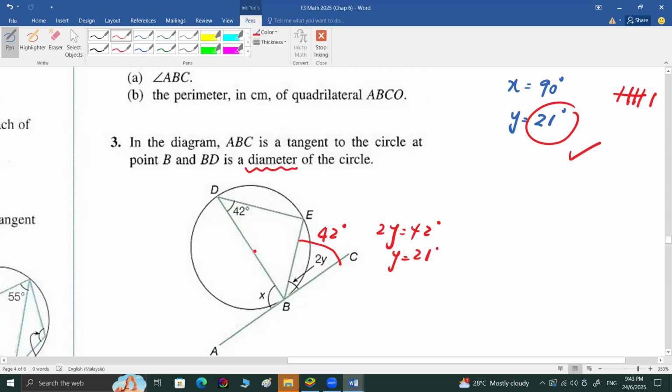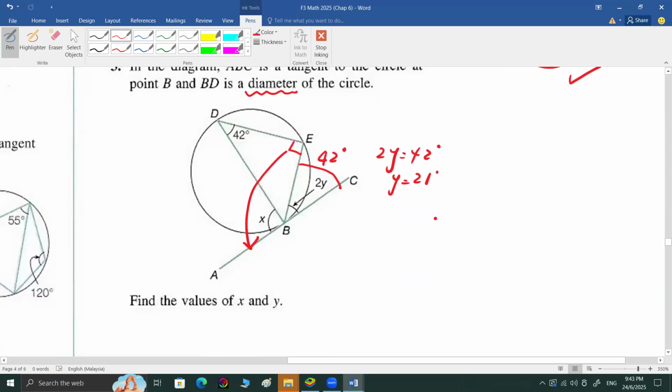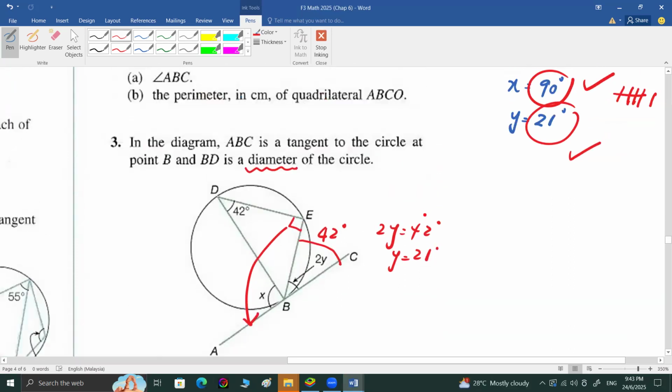When you know that this is diameter, you get 90 degree here, right? Angle at a semicircle is always 90 degree. So opposite outside, so x is 90. Okay, yes, good. You all get this correct, yeah? Okay, good job. Can follow all of you so far, Arvin? Yes, okay, one more. Number 4 now.